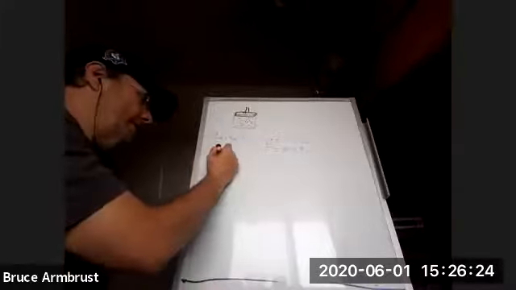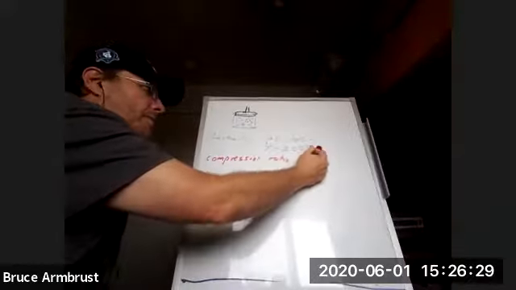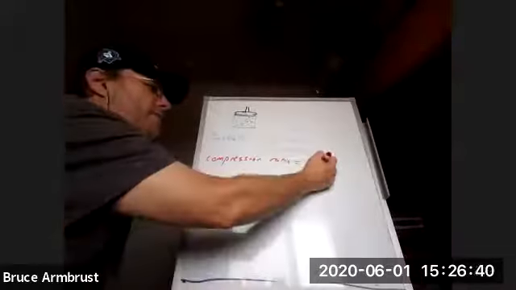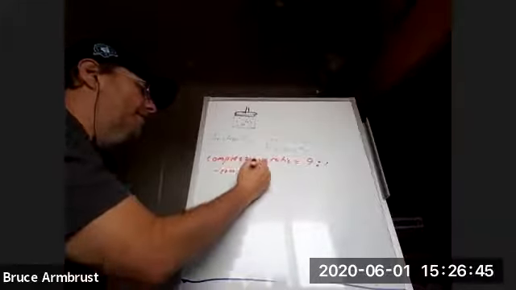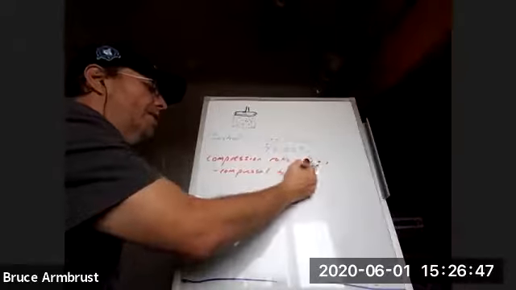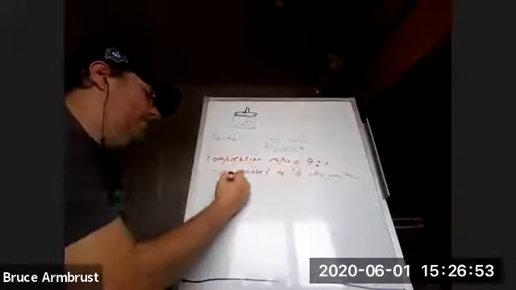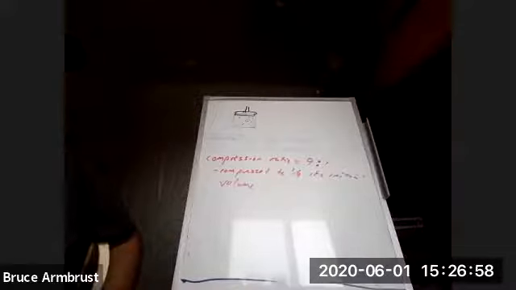Let's say that for this engine we have a compression ratio of 9. So it'd be 9-to-1, which means that it gets compressed to 1/9 its initial volume. Whatever volume we originally had, it's going to get compressed down to 1/9 of it.